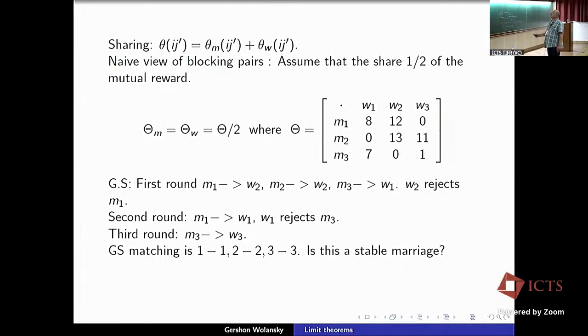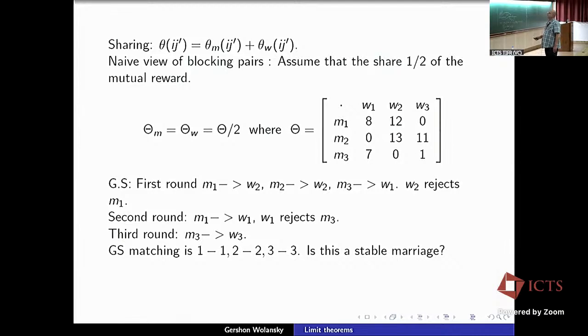Now the preference lists are the same for both the man and the woman; they are compatible. So let's apply the algorithm again. What is happening now? Again, man 1 proposes to woman 2, man 2 proposes to woman 2, and man 3 proposes to woman 1, right? But woman 2 rejects man 1. In the second round, the first man proposes to the first woman, and the first woman rejects the third man.